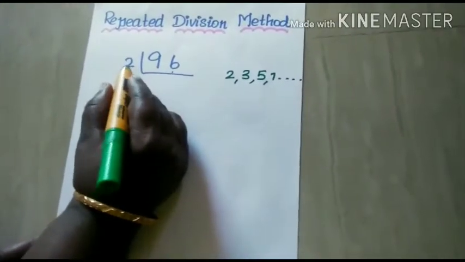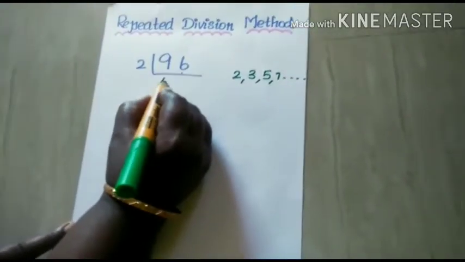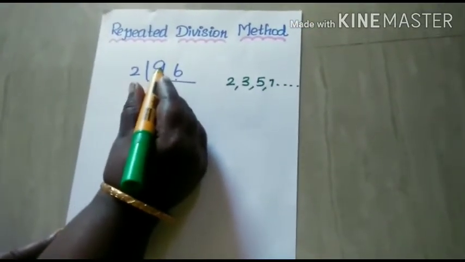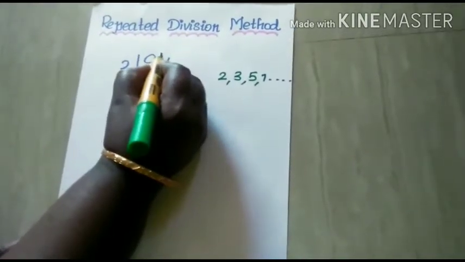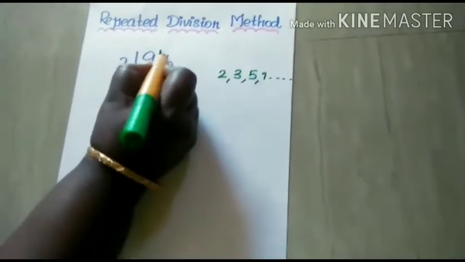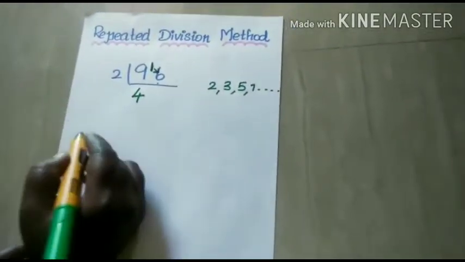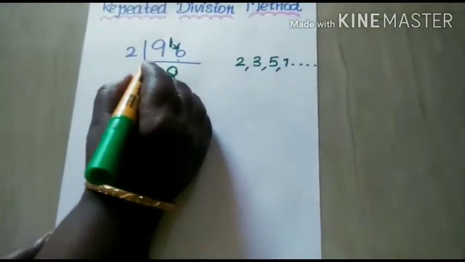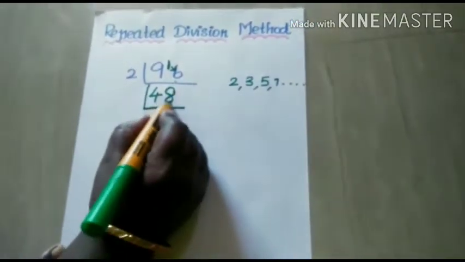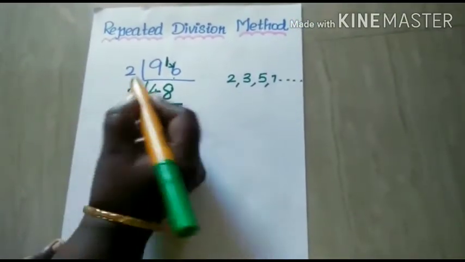9 in 2 table how many times? 4 times. 4 2s are 8 and 9 minus 8 is 1. That one I am putting here. And what is the number? 16. 16 in 2 table how many times? 8 times. 8 2s are 16. Now again it is an even number, so I can write it as 2.